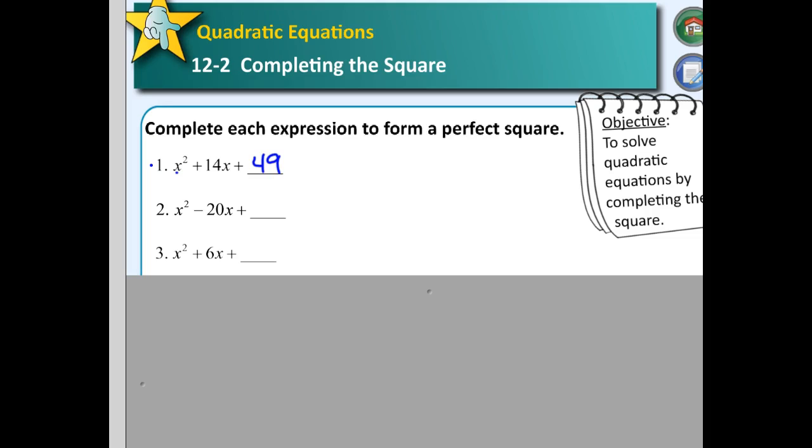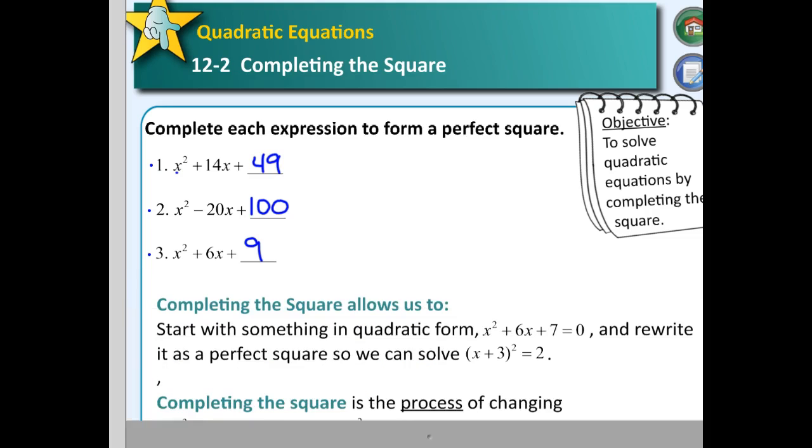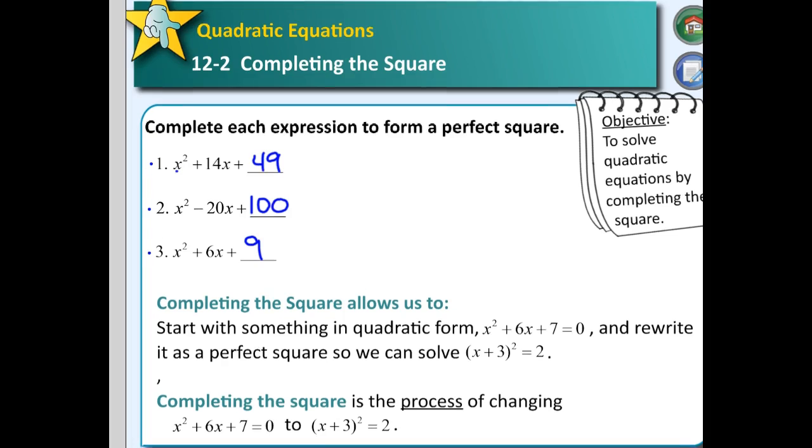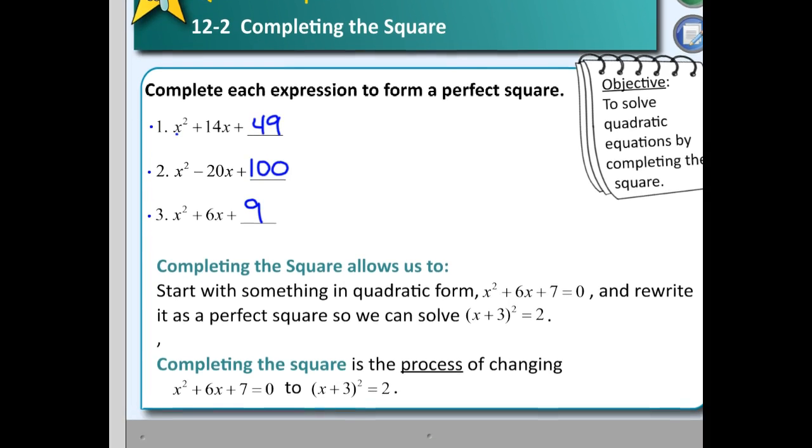So what would we fill in on number 2 to make this a binomial squared? 100, that's right. And then how about for letter C? If I want to make this a binomial squared, then I'm going to fill in 9 here, and we would recognize, oh, those are my binomial squareds, and we would know what to do. So here's what's going to happen as we start out in section 12.2.